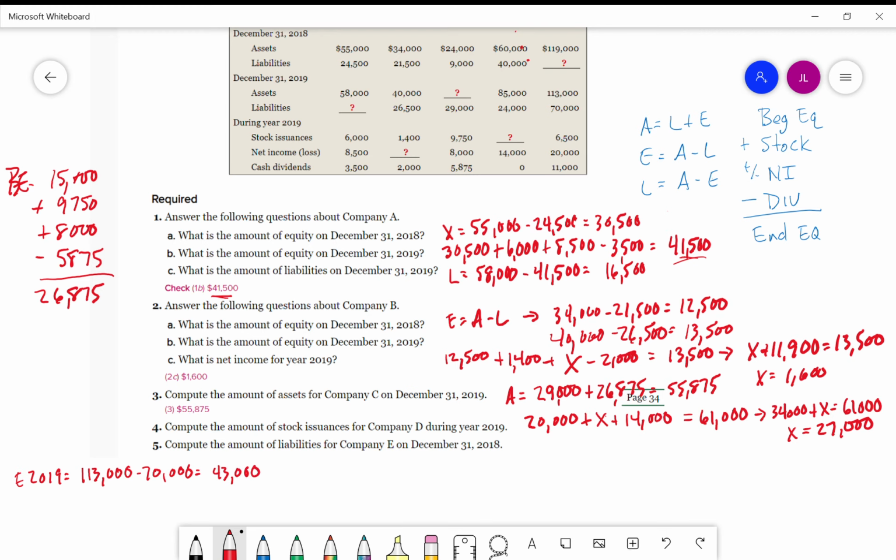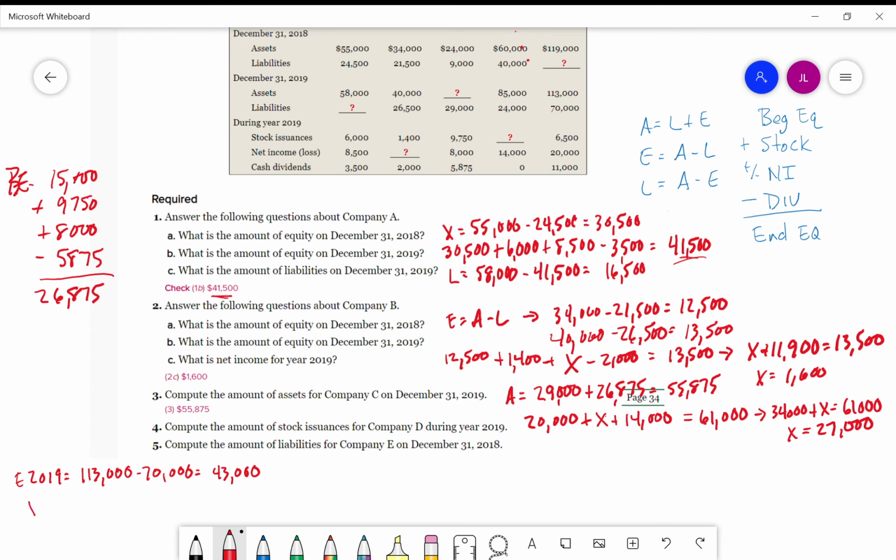Now, how do we find a beginning balance? We don't know the beginning balance of equity for 2019 because we don't have liabilities for 2018. But we can still use this equation and put a variable in for that beginning equity because we don't know what it is.